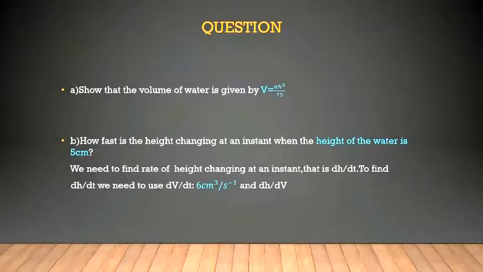From this question, we need to find the rate of the height changing at an instant, that is dh/dt. To find dh/dt, we need to use dV/dt, which is 6 cm³ per second, and dh/dV. My friend is going to show you how to solve these two questions.